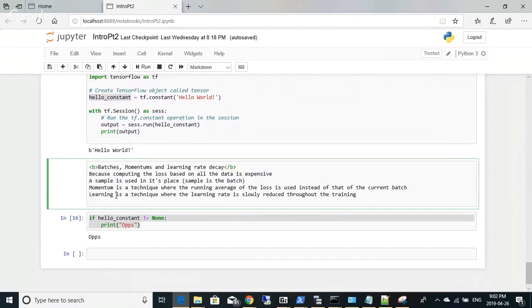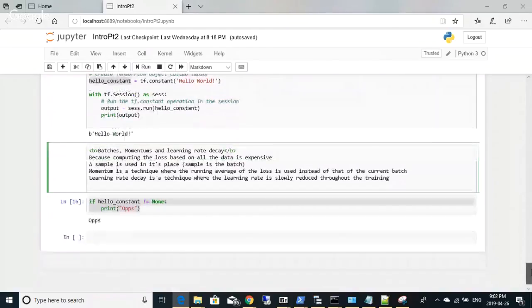Learning rate decay is a technique where the learning rate is slowly reduced throughout the training. At the start there are probably a lot of errors and you want to use a high learning rate, but as you get closer to the chasm, you want to use a slower learning rate so it doesn't jump around as much.